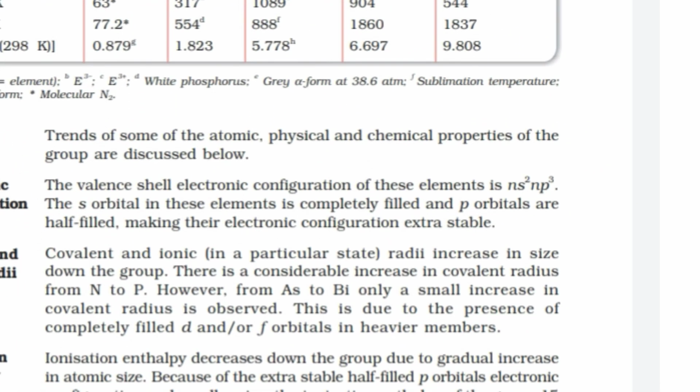Electronic configuration. The valence shell electronic configuration of these elements is ns2np3. The s orbital in these elements is completely filled and p orbitals are half filled, making their electronic configuration extra stable.